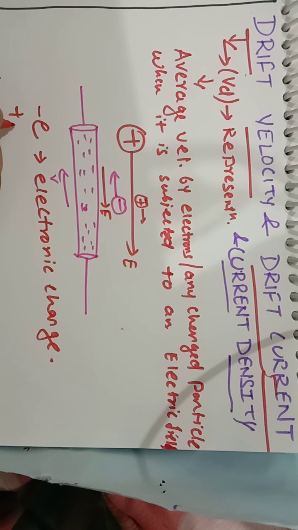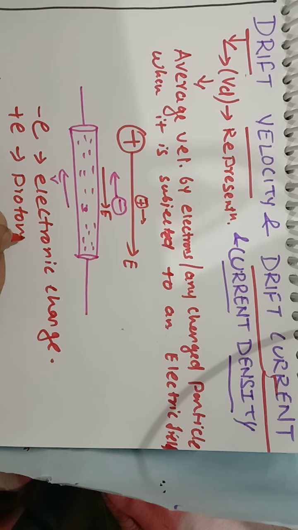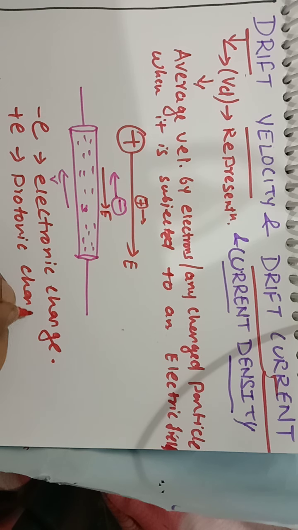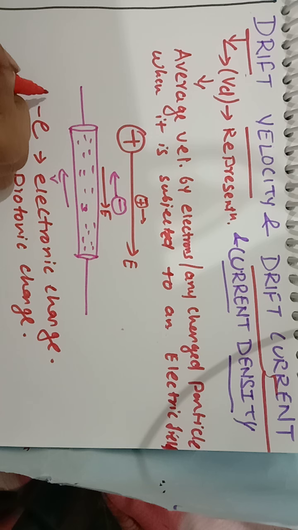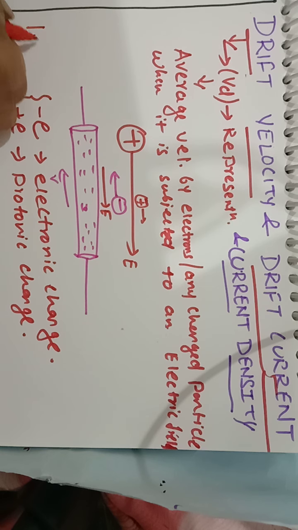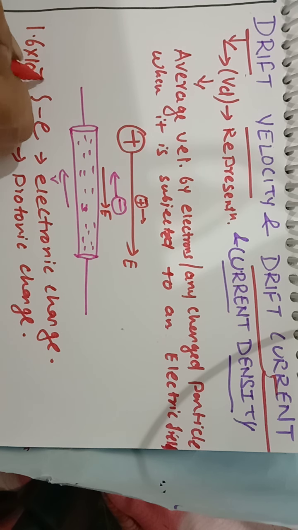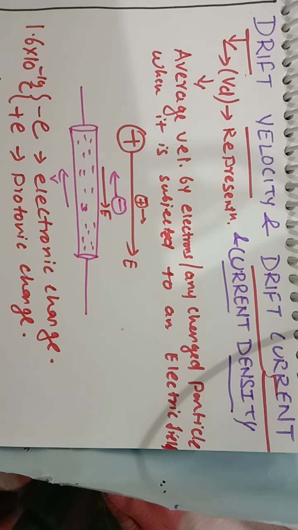What is a protonic charge then? It is plus e. Both proton and electron have the same magnitude, just opposite behavior. Both have charge of magnitude 1.6 × 10^-19 coulomb.